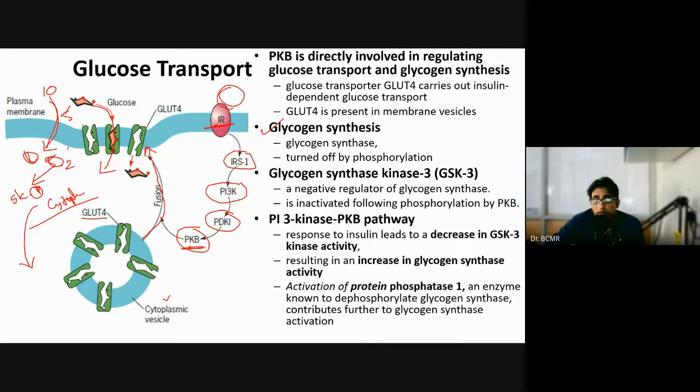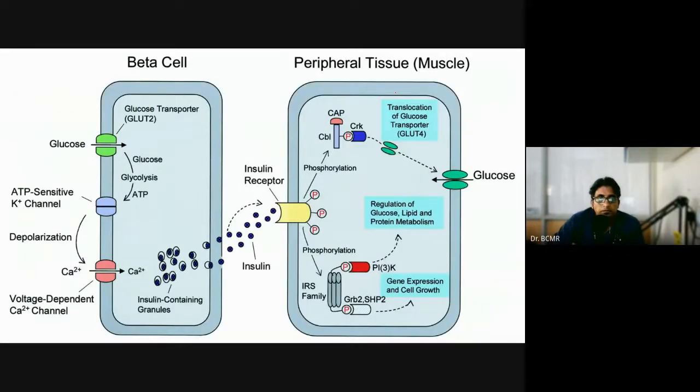Okay, in the beta cells, we had GLUT2, and in the insulin responsive cells, we have GLUT4 transporters. This is how it is summarized. If you can see, this is a beta cell, and this is a muscle cell, skeletal muscle cells you can think of. So where do we start? This is glucose.